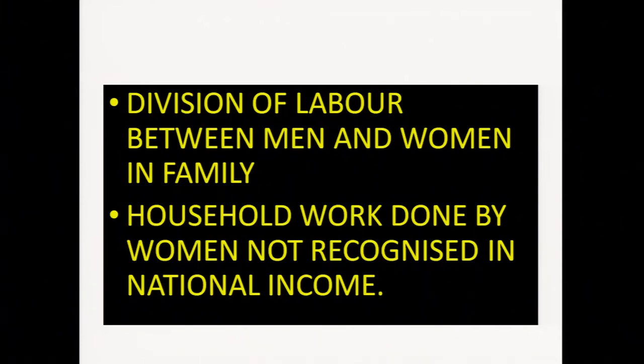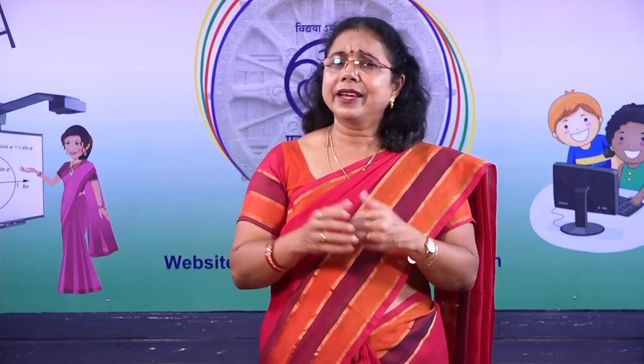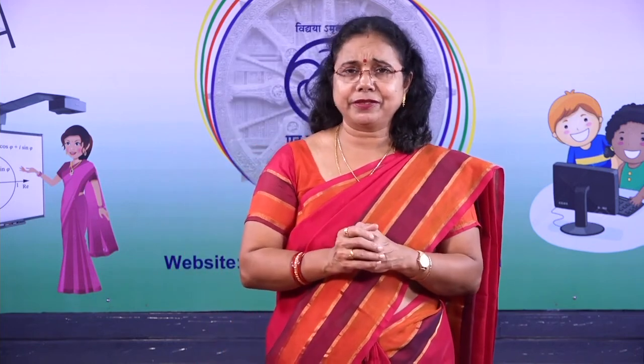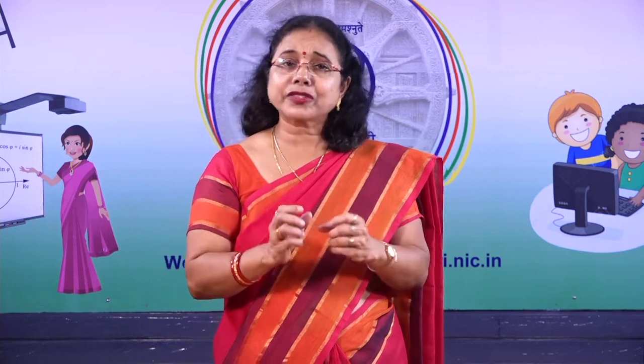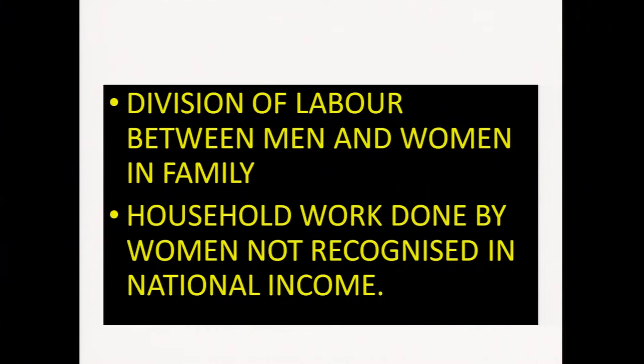We basically find that men work outside the home. They work in the farms, in the factories, in the industries, in the offices, in banks, in institutions, in organizations. Whereas women are found mostly doing the domestic chores like cleaning the house, cleaning the utensils, cooking, taking care of the children, and so on.